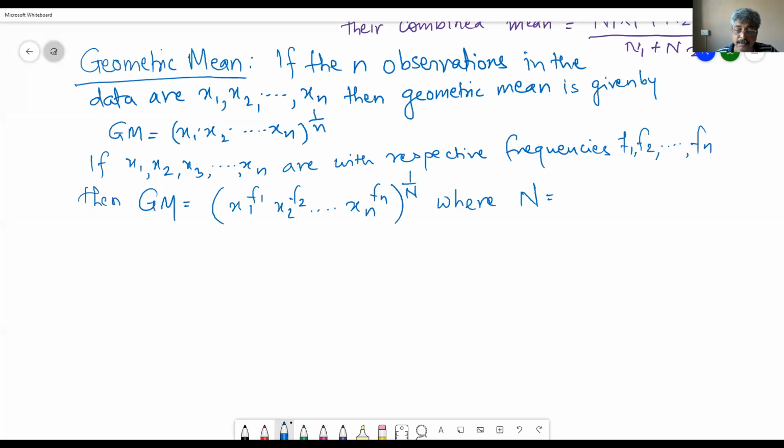N equals f1 plus f2 plus. This is quite logical, no issue.